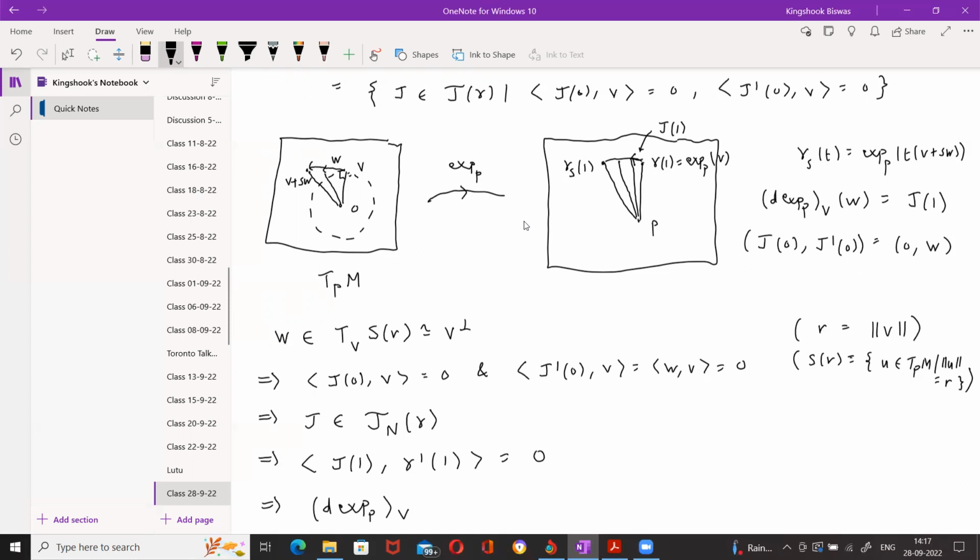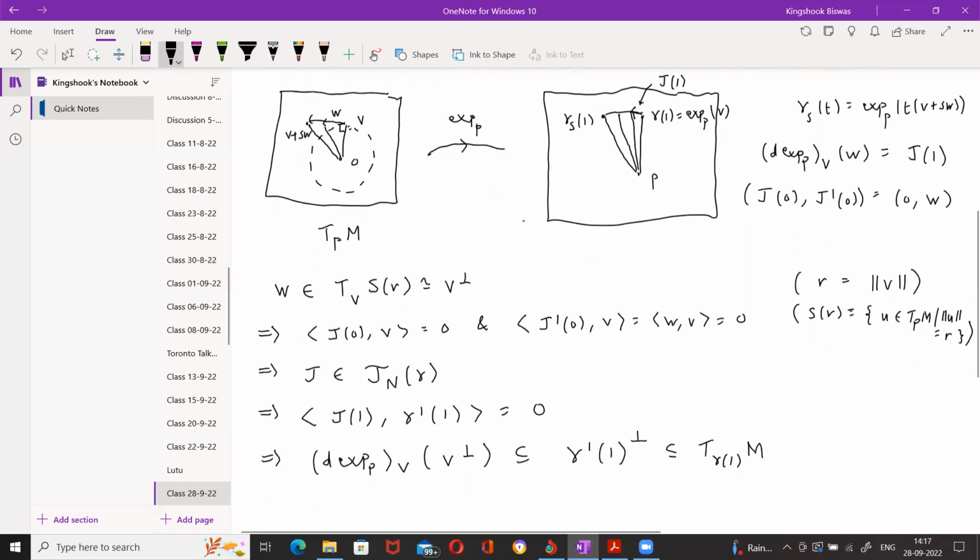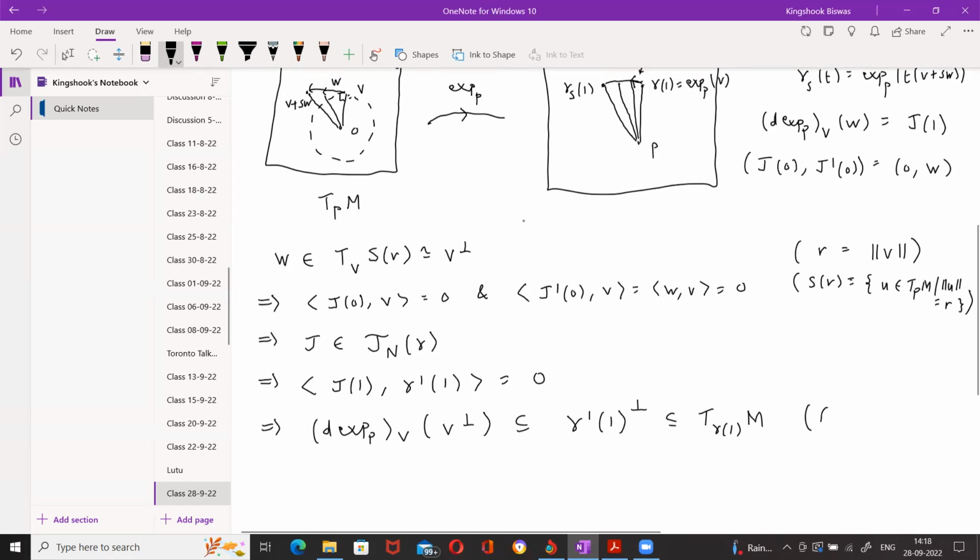So the derivative of the exponential applied to V perp is contained in gamma prime 1 perp, which is a subspace of the tangent space at gamma(1). All right. Is this clear? Yes. Okay. So this is the Gauss lemma.